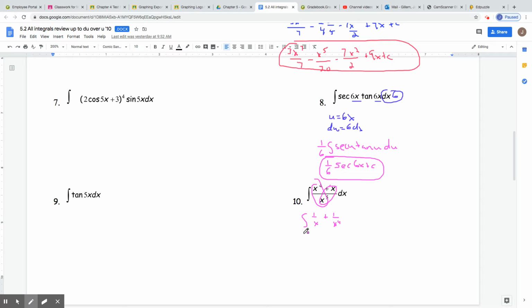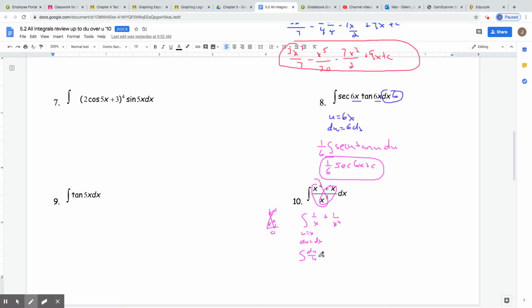Now, we're going to do each of these separately. The issue with this one is we have 1 over x. We've never done that with just x before, because if you have x to the negative first and I integrate that, I get x to the 0, excuse me, over 0. So I can't do it that way. But for this particular one, if I made u x and du is 1 dx, this becomes integral of du over u.